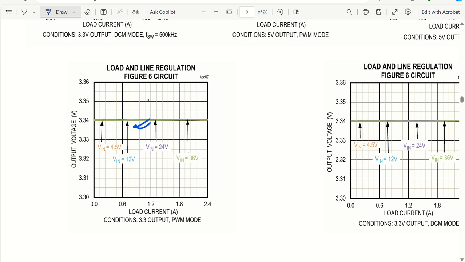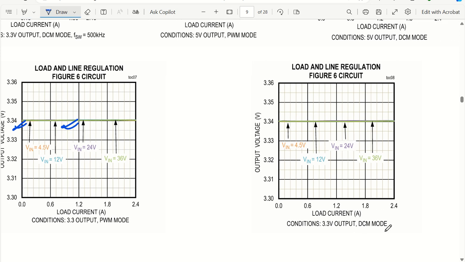You can see the output voltage is, let's say, 3.3 volt, 3.4 volt, and the input voltage has been 4.5 volt or 12 volt or 24 volt or 36 volt. There is no variation at all, so the load and line regulation is very accurate. Whatever the current that we are drawing, there is not much difference at all. Similar behavior holds for other output voltages, and in DCM mode also it's almost the same behavior, while this is in PWM mode.